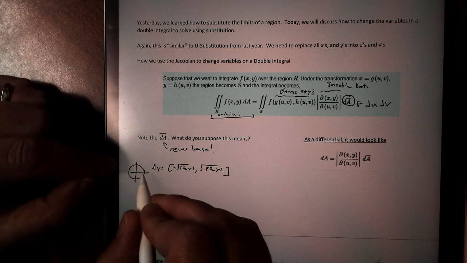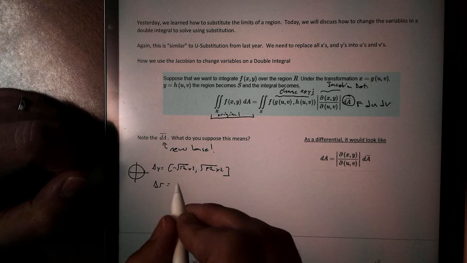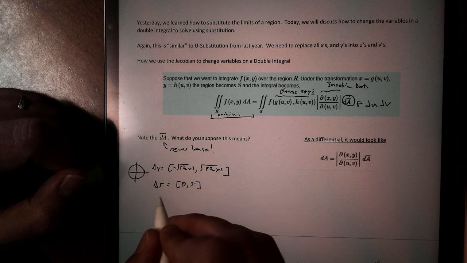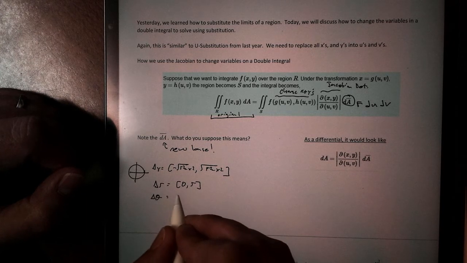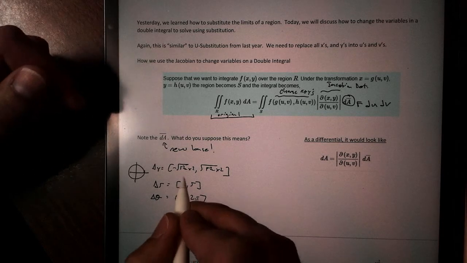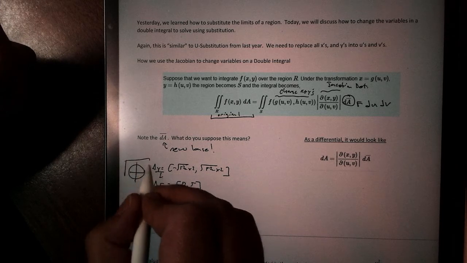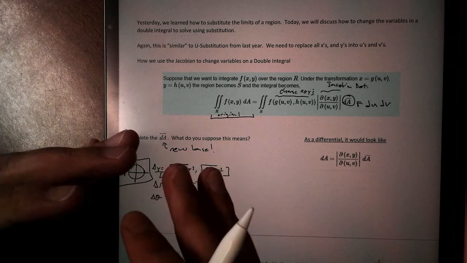If I were to put this in polar form, I would have r from 0 to r, and theta from 0 to 2 pi or whatever we want. But notice, even though I went from rectangular to polar, we never changed our base. It was still the same base.